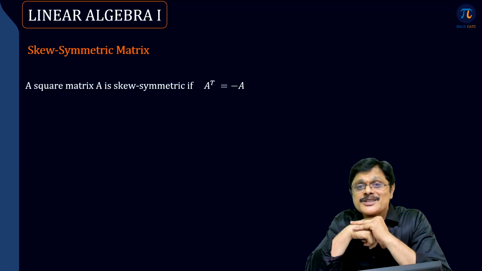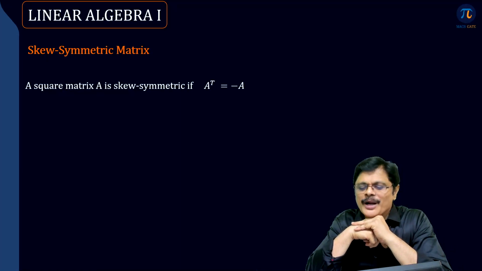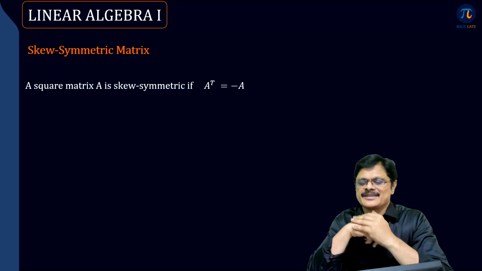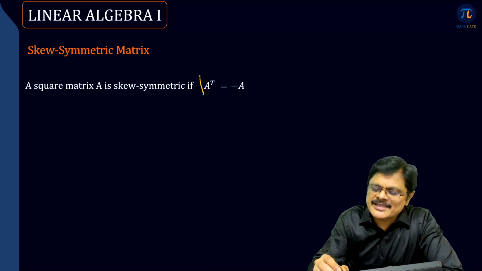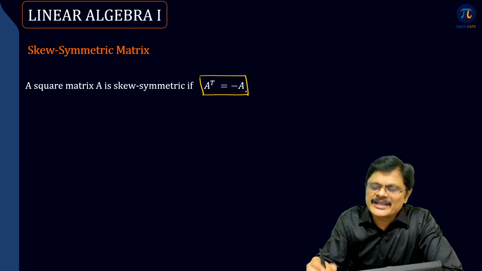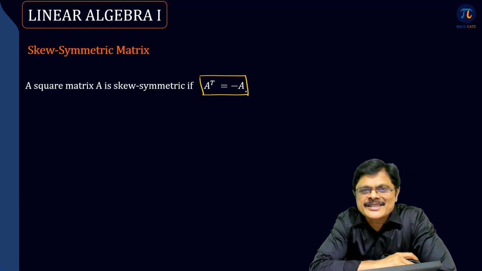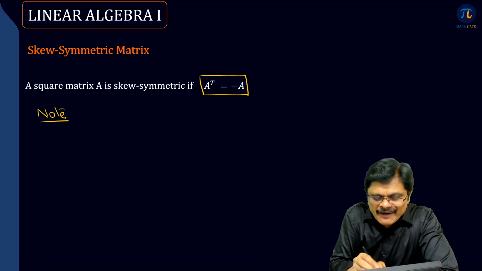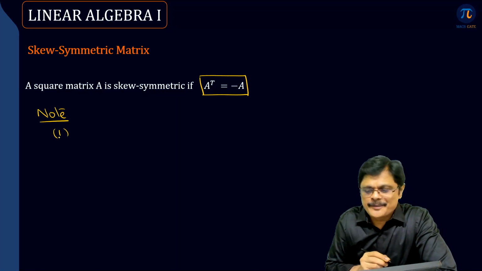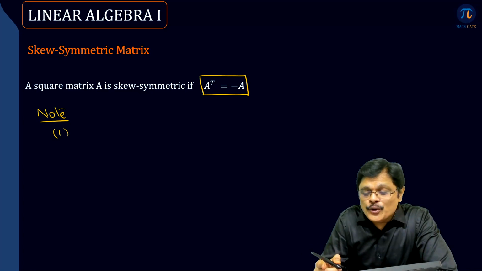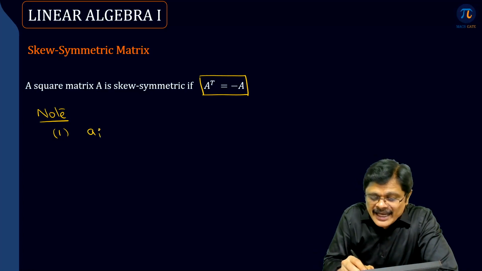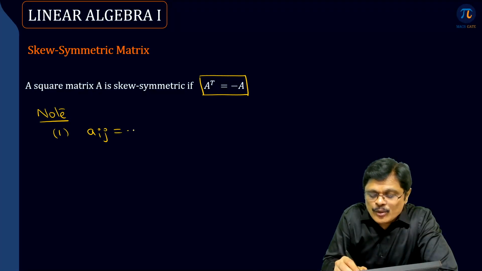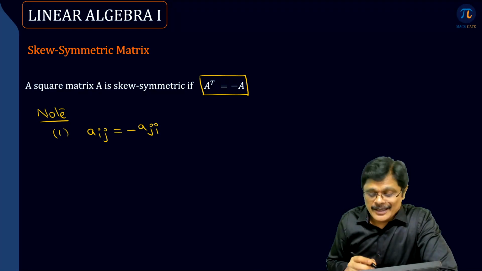Next comes skew symmetric. What about a skew symmetric matrix, my dear? A skew symmetric matrix is a square matrix satisfying the condition that the transpose of the matrix is equal to minus of the matrix. Now here we have two conditions. First one, A transpose is equal to minus A means Aij must be equal to minus Aji.